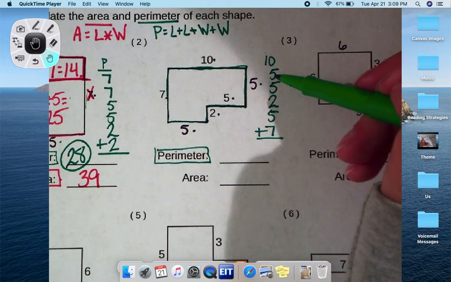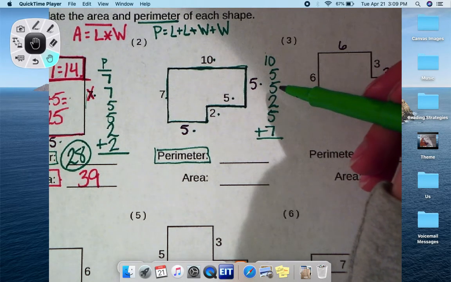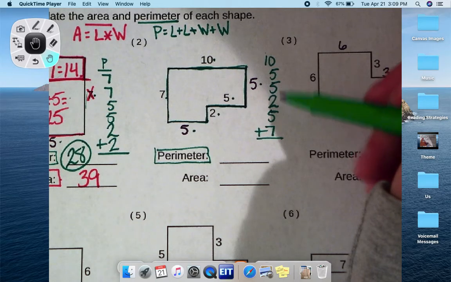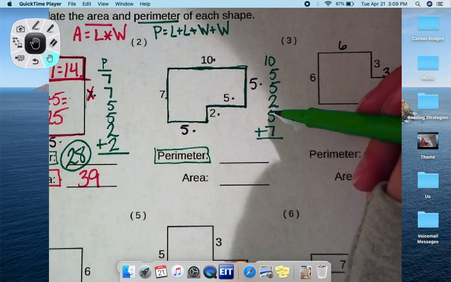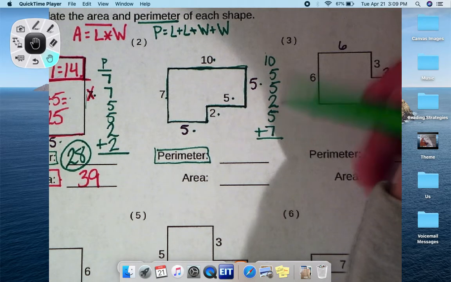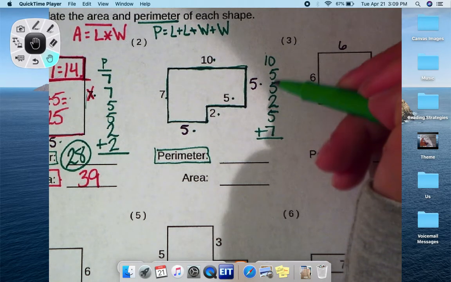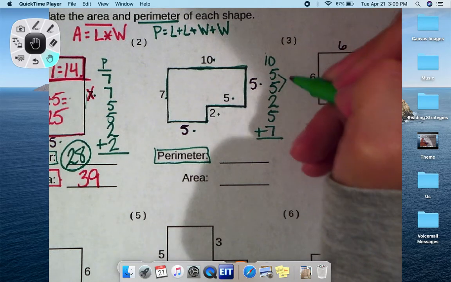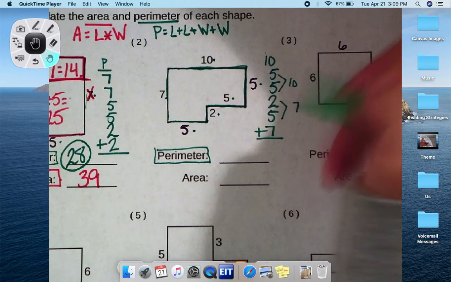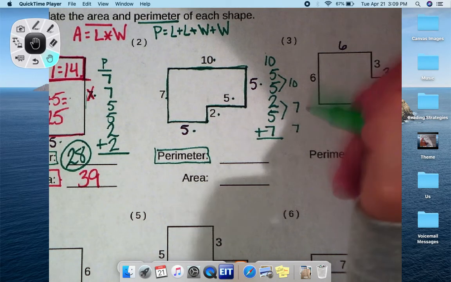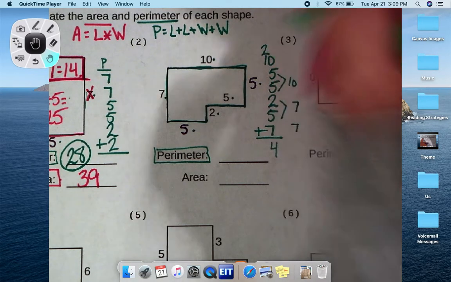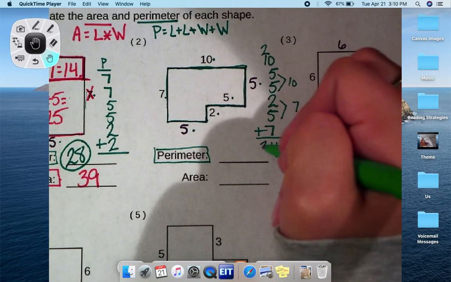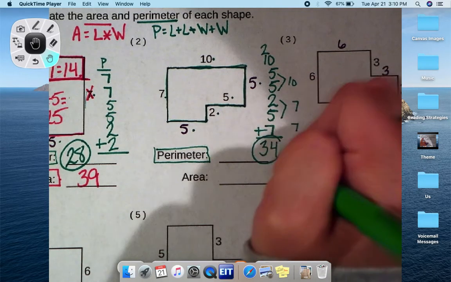I goofed. 5 plus 5 is 10. Plus 2 is 12. Plus 5 is 17. My bad. I'm looking at a few numbers at once. So I've got 10 plus 7 is 17 plus 7. So I've got 10 plus 14 is 24. 2 plus 1 is 3. So I get a perimeter of 34.